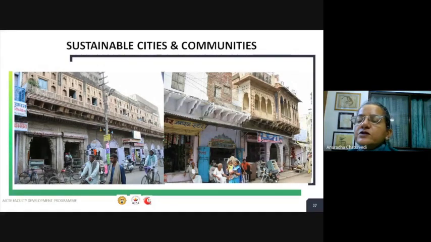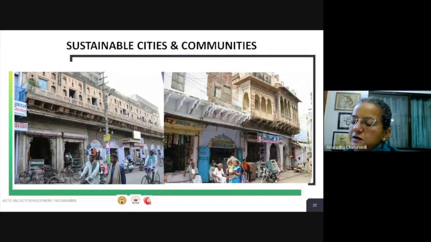This is something which our historic cities can provide important lessons in relation to. Then Sustainable Development Goal 11.3, enhance inclusive and sustainable urbanization and capacity for participatory, integrated and sustainable human settlement planning and management. That is also something which is extremely important as far as the integration of our heritage resources is concerned.